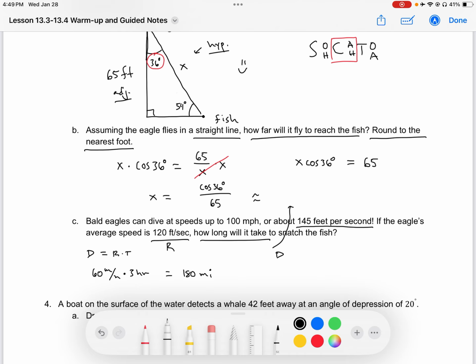So how long will it take to snatch the fish is asking you to find the time. Since distance equals rate times time, I know that time is going to be distance divided by the rate. So you can use this little equation, your answer for the distance that the eagle flew, along with the average rate that was given, to find that time. So I'll let you figure that out.